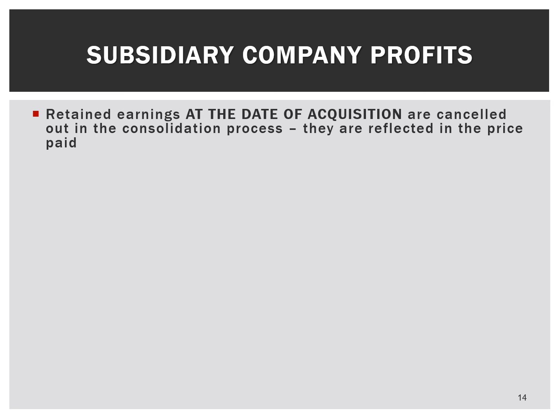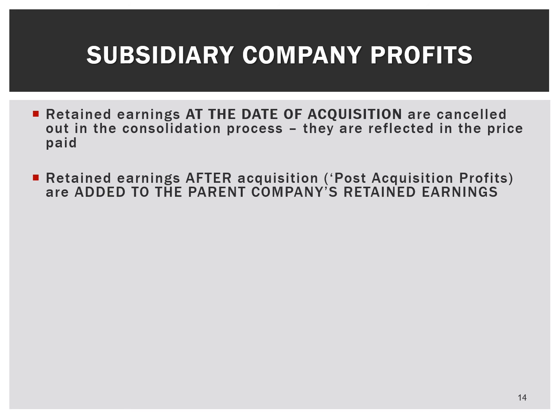Now, any retained earnings up to the date of acquisition of our share in the business, those retained earnings are reflected in the price that we've paid for the shares, and they're cancelled out as part of the consolidation process. But any retained profits made since the date of acquisition, those profits are added to the parent company's retained earnings in the consolidated statement, assuming we own 100% of the subsidiary company.